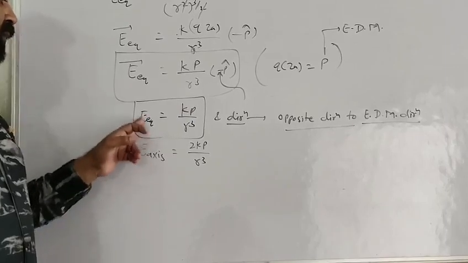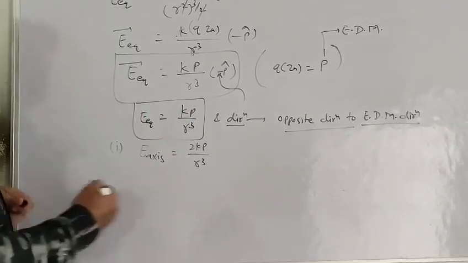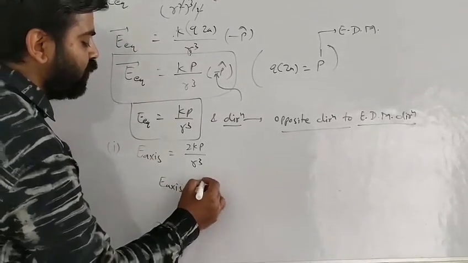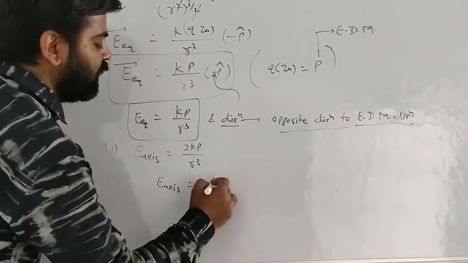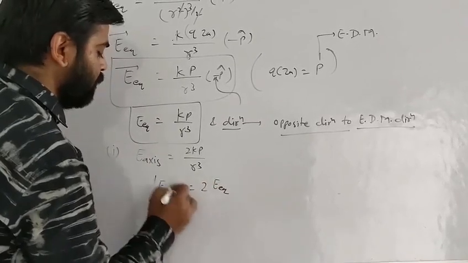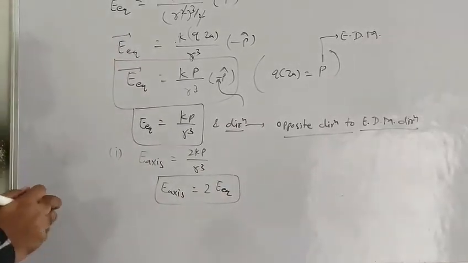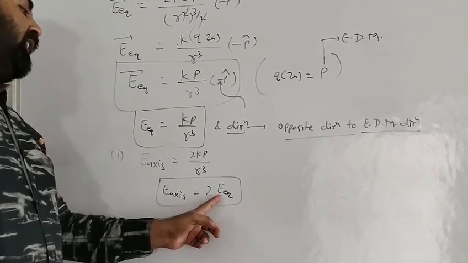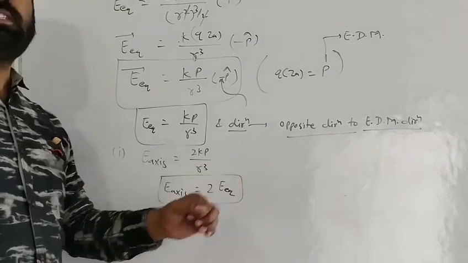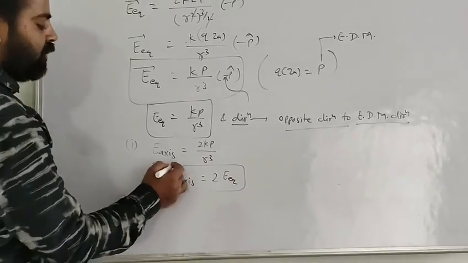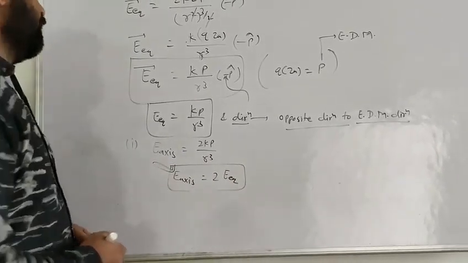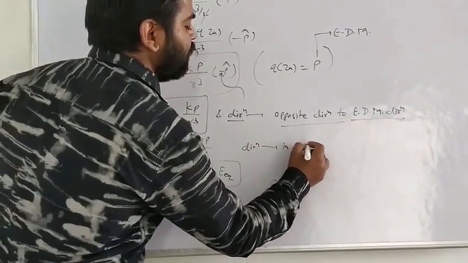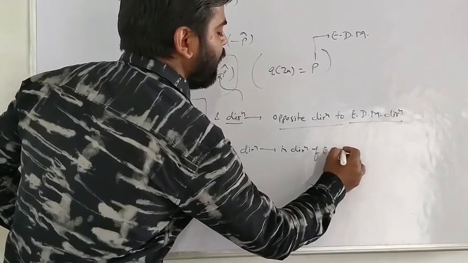So from these equations the conclusion is E axis is equal to 2 times E equatorial, meaning the value of the electric field at any point on the axis is 2 times the electric field at any point on the equatorial plane.